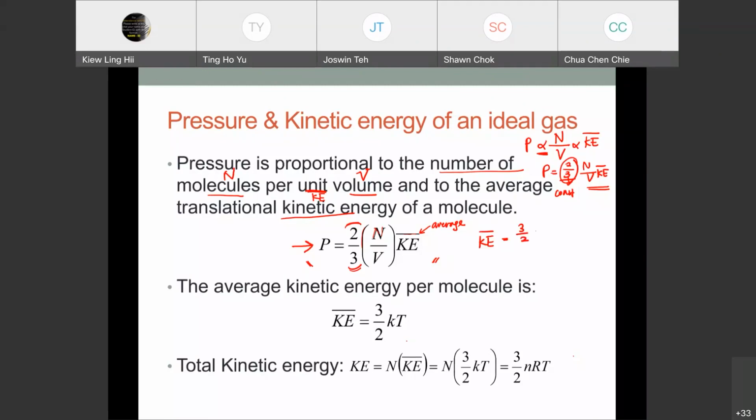Okay, P here, move 2 over 3 N over V to the other side, you get 3 over 2 V over N. So we have 1 over N, 3 over 2 PV.